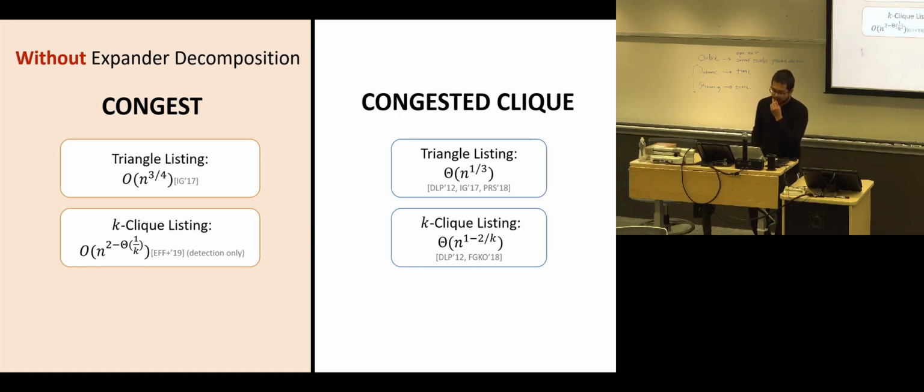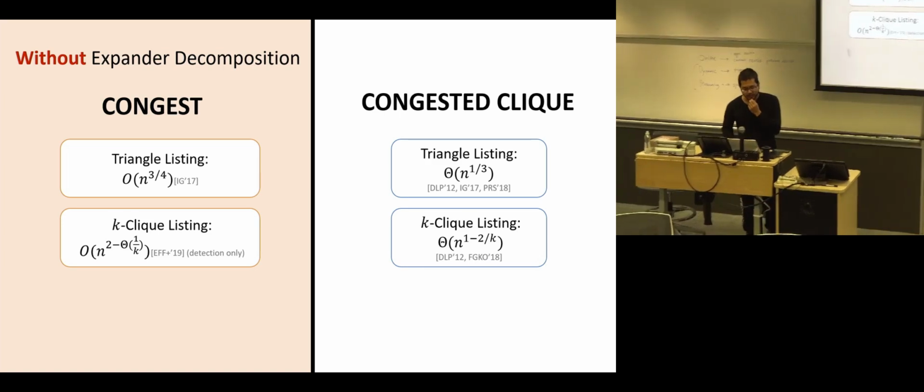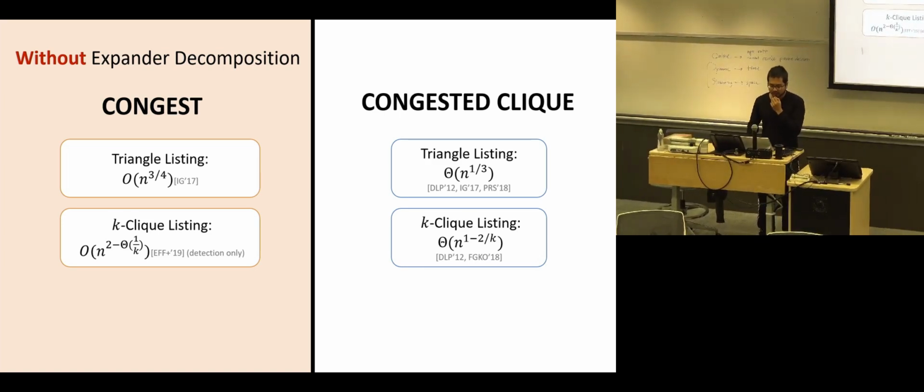And so people ask about a problem called listing triangles. So you have a graph and you want to list all the triangles in the graph. Okay. A triangle is some kind of cluster, anyway, it's a natural thing.